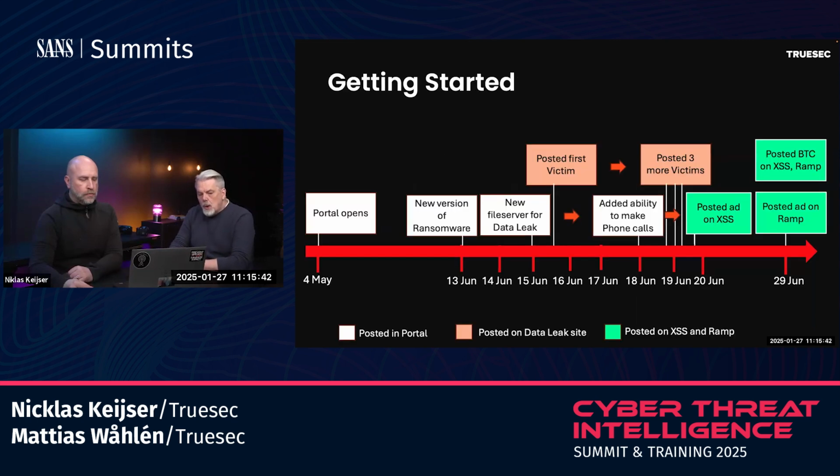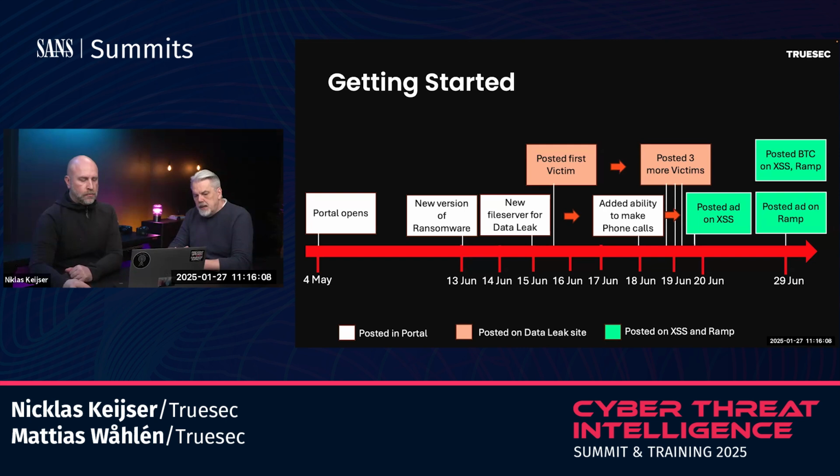So if we put all this different information in a timeline to explain, we see that the portal opens on May 4th. Then we have a crunch week in June where they post a new, updated version of the ransomware. The same day as they announce that their data leak file server is live, they also post their first victim.